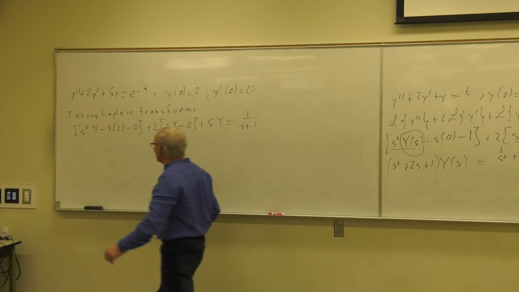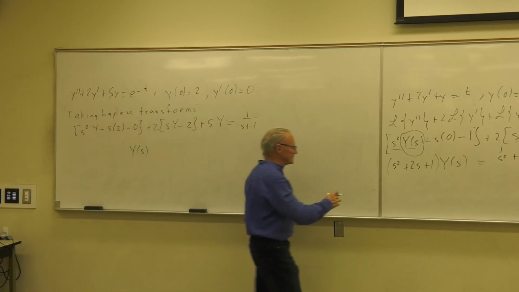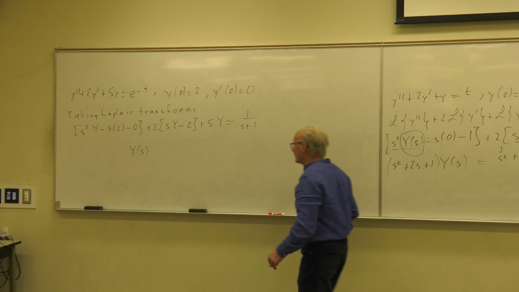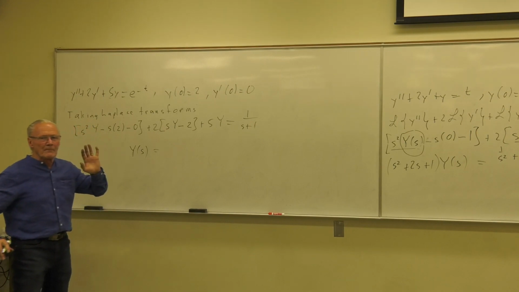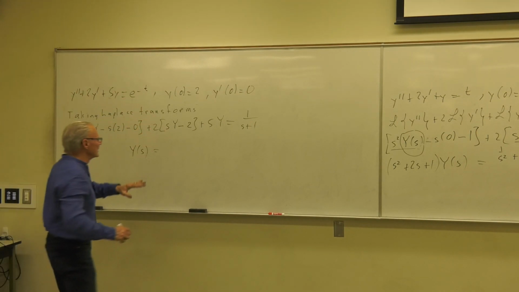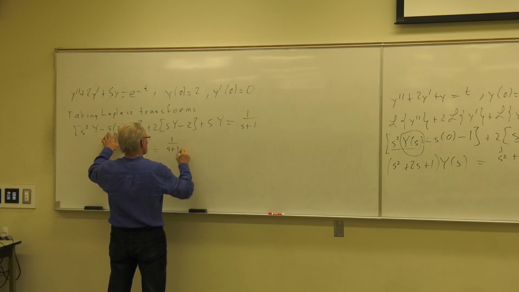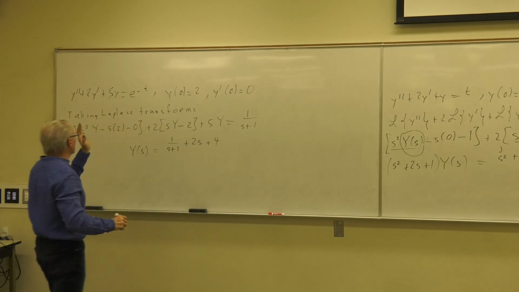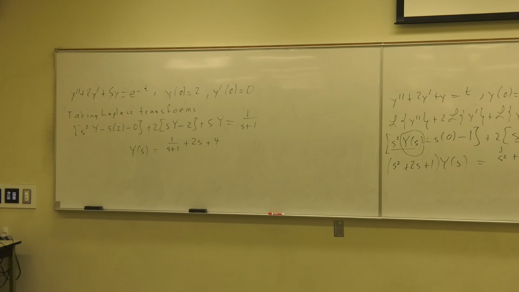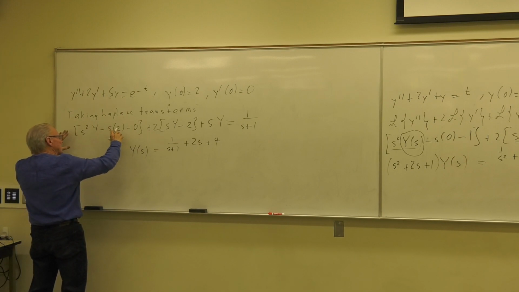Now we want to solve for big Y. I'm not going to do this like I did here. I'm going to simply say, first thing, take anybody with a big Y in it to the other side. This one is already over there. I have this one, that's a 2s. I have this one, that's a 4. So over to the other side are all the non-big Y terms. What I'm now going to do is take the big Y terms and factor them out.